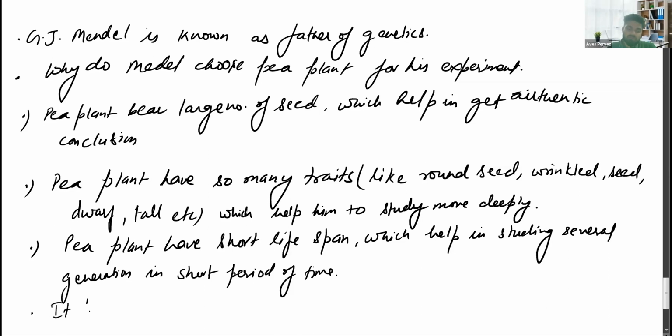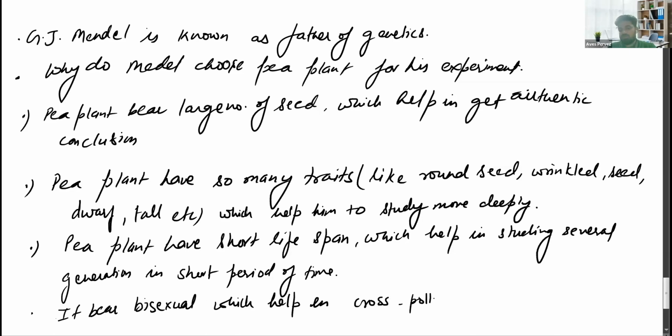Last one is pea plant bears bisexual flower, which helps in cross pollination.